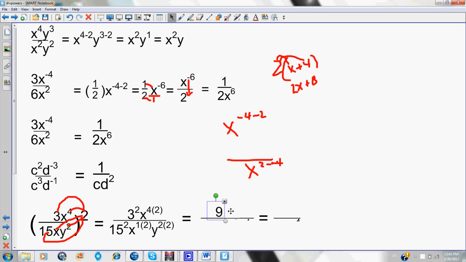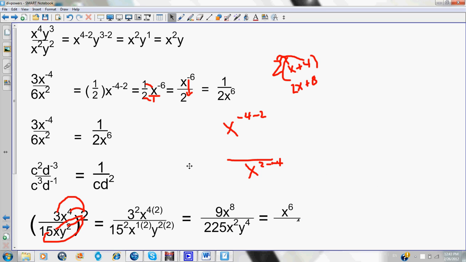And then we've got x to the 8th, because 4 times 2 is 8. Then down here, 15 squared is 15 times 15, which is 225. x to the 1 times 2 gives us x squared. And y squared squared, 2 times 2 is 4. So that gives us 9x to the 8th over 225 x squared y to the 4th.